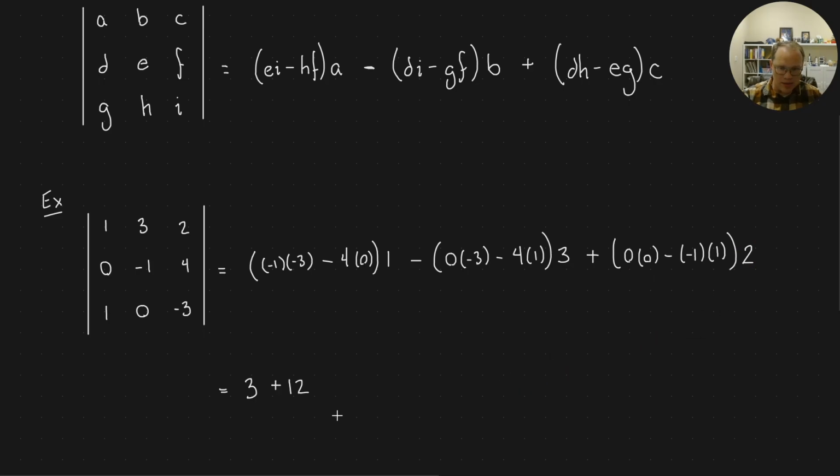Times 2 is +2. And so the 3 by 3 determinant of this matrix is 3 plus 12 plus 2, that's 17.